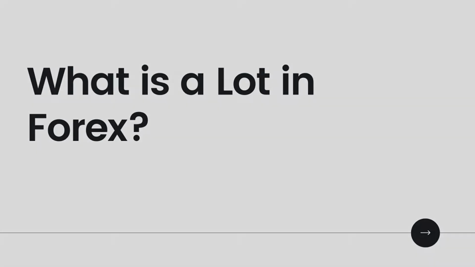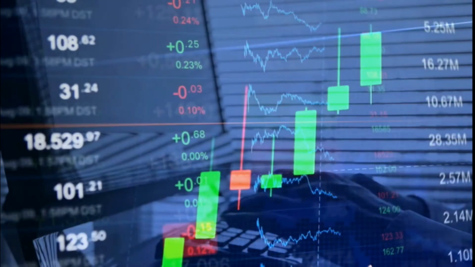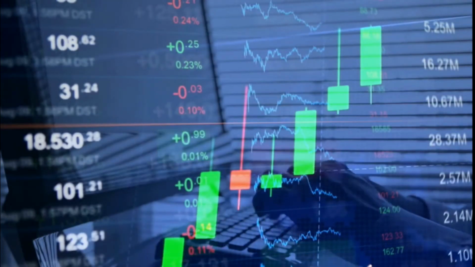What is a lot in Forex? Forex is commonly traded in a specific amount called lots, or simply the number of currency units you will be buying or selling. This means a lot is a unit of measuring a transaction amount.